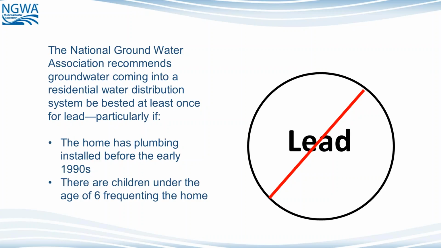They're much more susceptible to contaminants in our water supply than a normal adult. And if there are signs of corrosive water, and we'll get into that in a little more detail later.